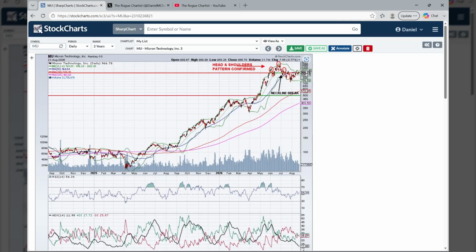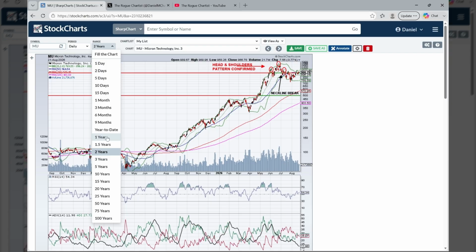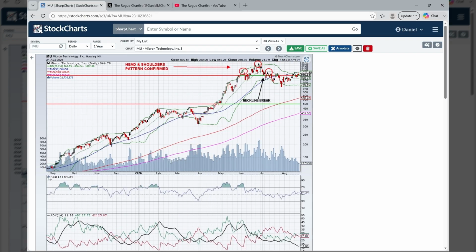And boy, what a rally it was, from April 2025 to June 2026. That's 14 months of a rally. And as I always say, nothing lasts forever.